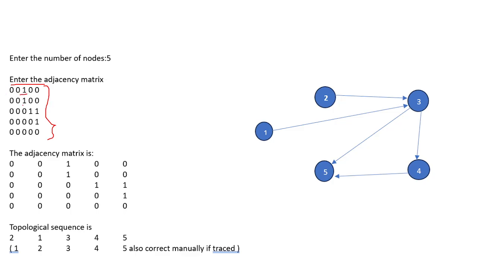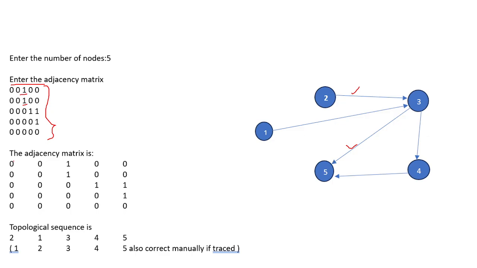This number indicates the edge. Like 1 to 2, no edge here. 1 to 3, there is an edge. Then 2 to 3, there is an edge. 3 to 4 and 3 to 5 are edges, and 4 to 5 is also there.